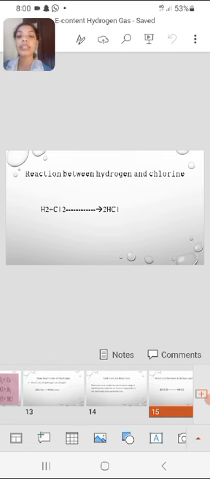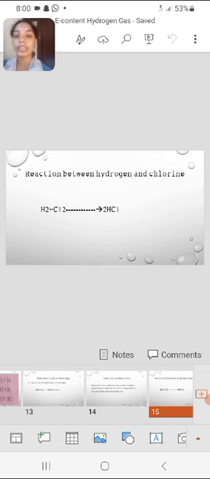Another reaction is the reaction between hydrogen and chlorine. Hydrogen combines with chlorine in the presence of sunlight to form hydrogen chloride. The chemical equation is H2 plus Cl2, in the presence of sunlight, gives 2HCl.